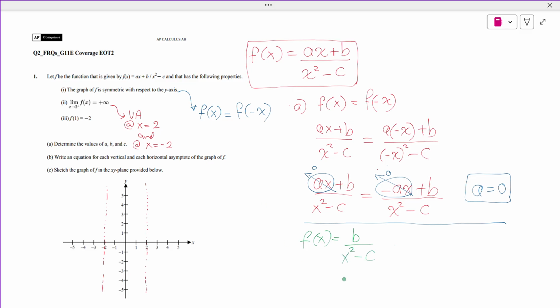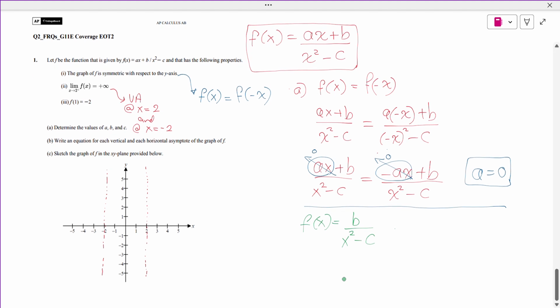Now, the x values at which we have the vertical asymptotes will make the denominator 0. So there are two values for the asymptote. The first one is x equals 2, and we have x equals minus 2.